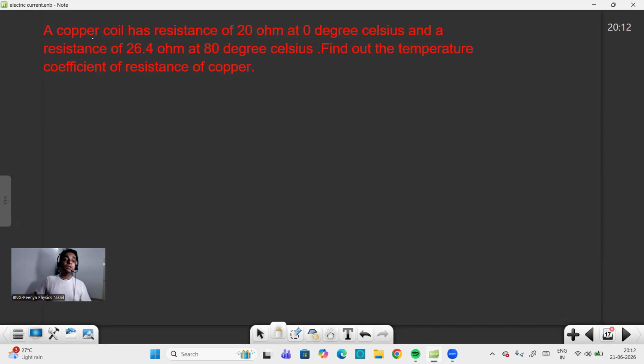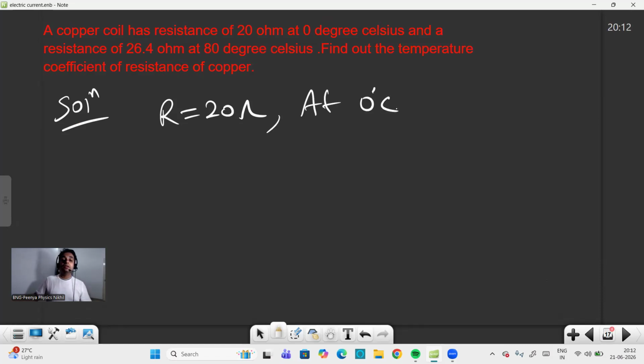Now here one question is that a copper coil has a resistance. Here it is given a copper coil has a resistance of 20 ohm at 0 degrees Celsius. And resistance R dash is 26.4 ohm at temperature T dash.